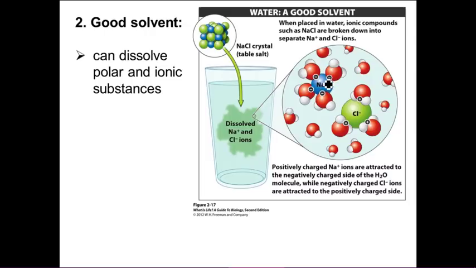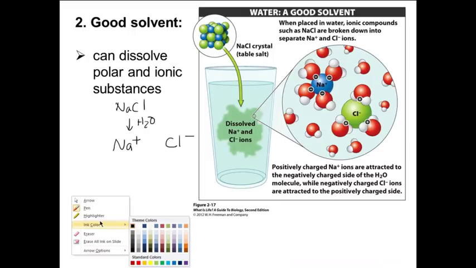Okay, so to draw this out a little bit more, say you start with sodium chloride, right? And then you're going to add it to water. What's going to happen is it's going to break apart into sodium ions and chlorine ions. And then the water molecules will make hydrogen bonds with them.